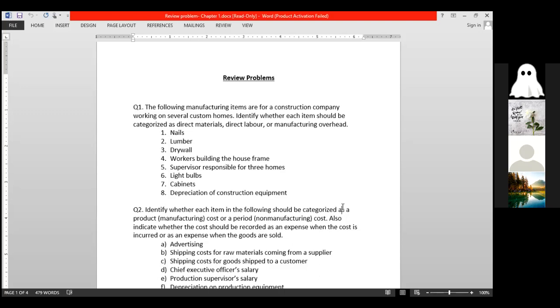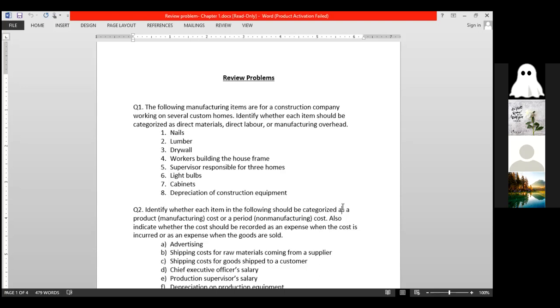Then the light bulbs for the house. Direct material. And cabinets. Direct material. Cabinets also direct material. Then finally, depreciation of construction equipment. Manufacturing overhead.